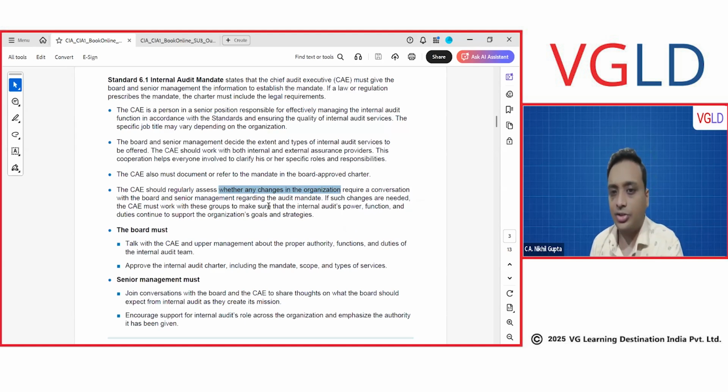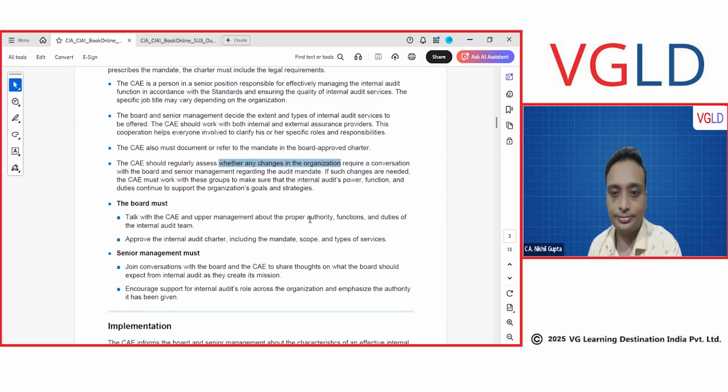If there is any need for a change in the audit mandate, the CAE is the right person who will take this proposal to the board, and the board approves it accordingly. If such changes are needed, the CAE must work with these groups to make sure that internal audit's power, function and duties continue to support the organization's goals and strategies.